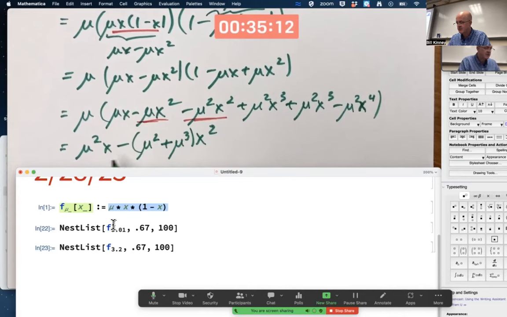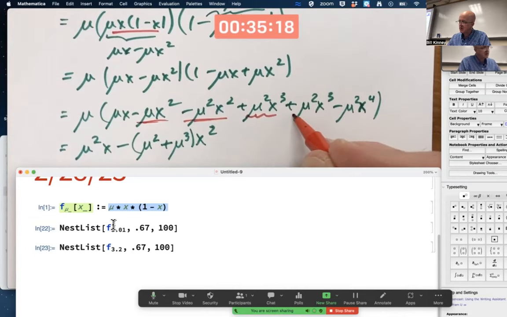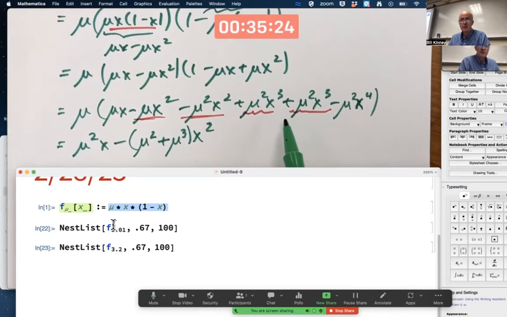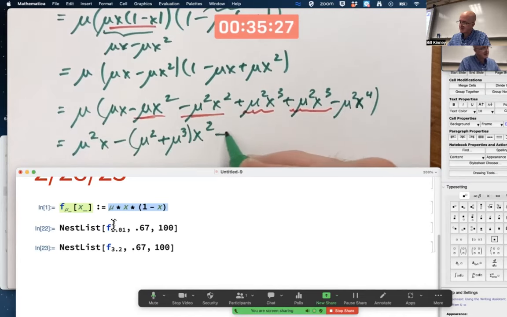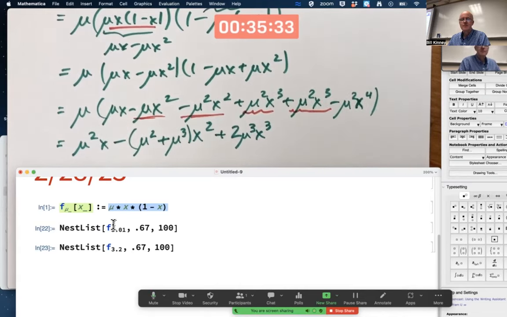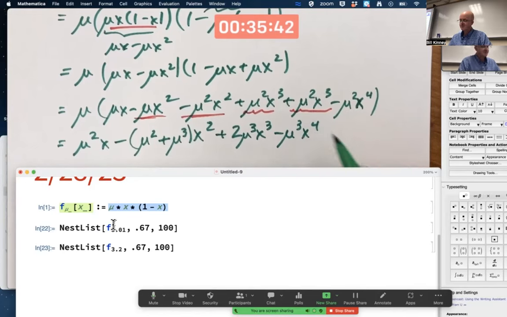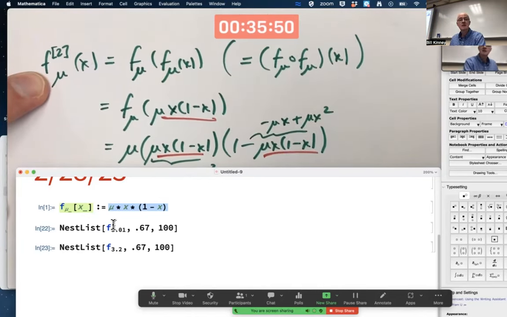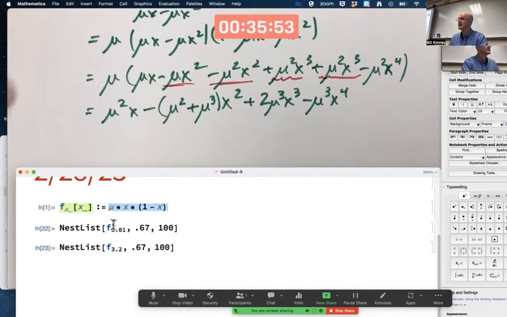I also multiplied those coefficients by mu. Here are your two x cubed terms, and they're the same, giving you, when you add them, 2 mu squared x cubed, but also multiply by another mu, you get plus 2 mu cubed times x cubed. And then finally, your x to the 4th term, after multiplying by another mu, gives minus mu cubed x to the 4th. So this 4th degree polynomial is this function here. It's f mu composed with itself, simplified.